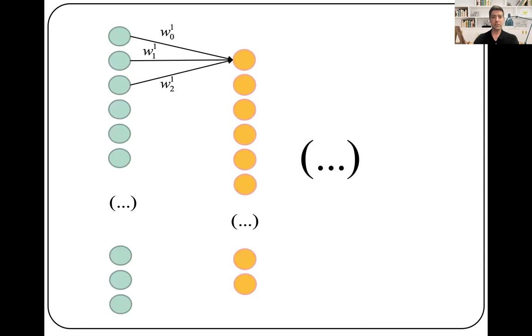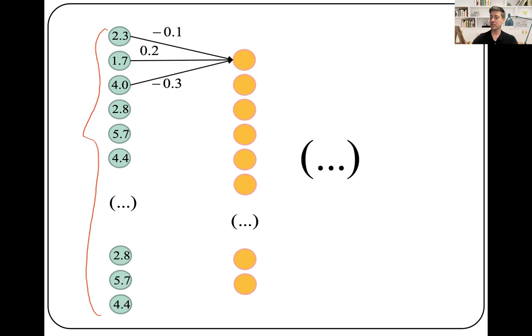Okay, so just to illustrate this one more time with an example. Imagine that our input is composed of these values. This is for one single example. These could be anything, it's really not important. Just think of it as a vector of real numbers. And then let's assume these values for our 3 weights.